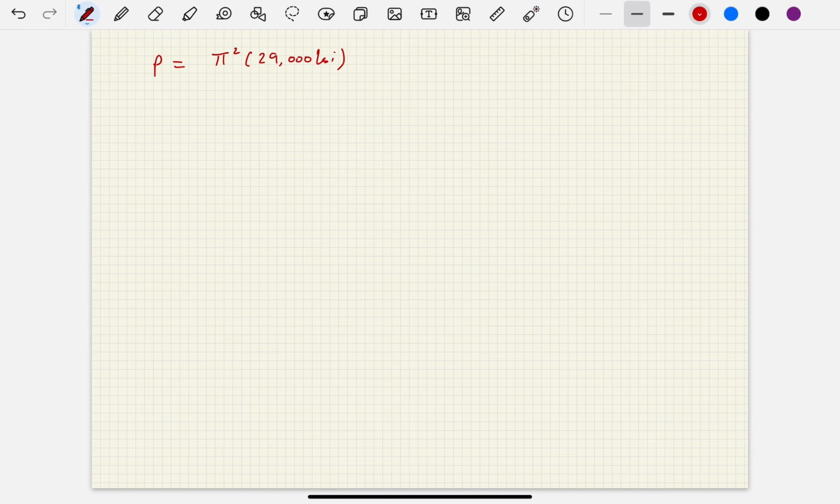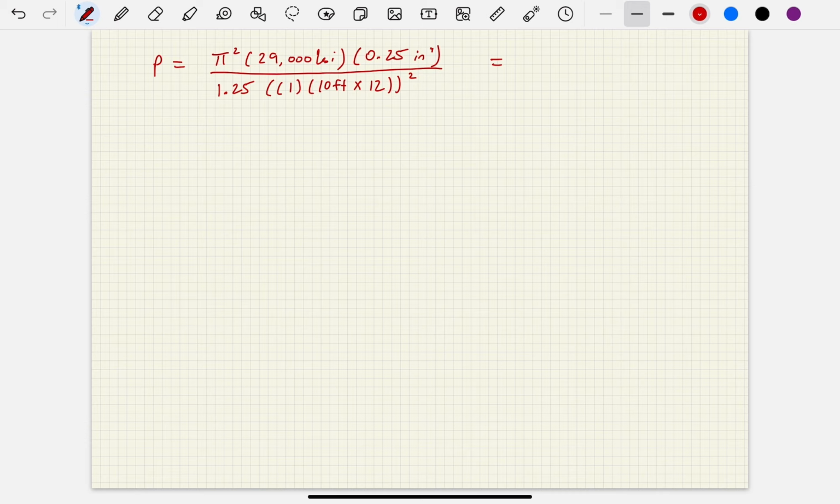So times 0.25 inches to the fourth divided by 1.25 times K, and then L was 10 feet, but we need to convert that to inches because we need to have consistent units, and notice we have inches built in everywhere else, okay?